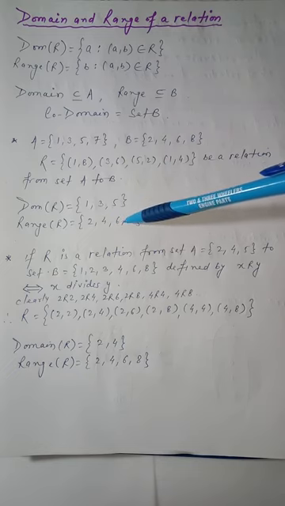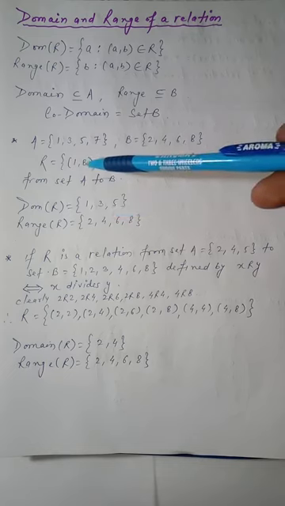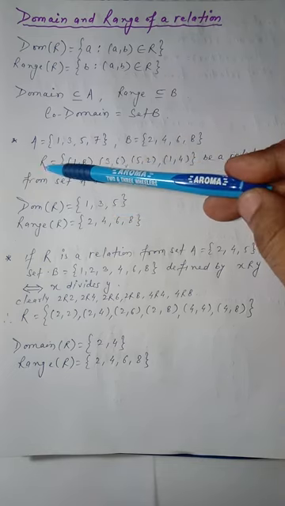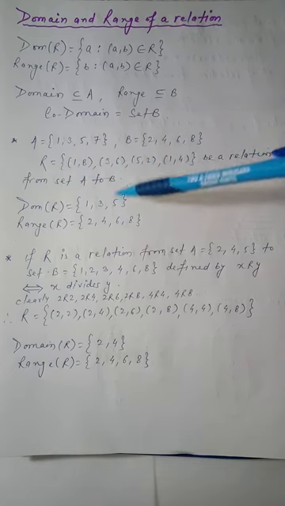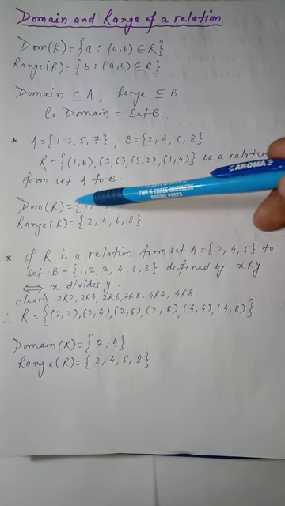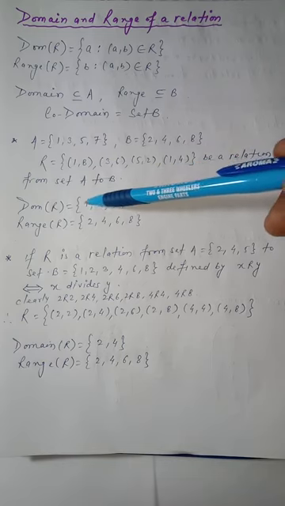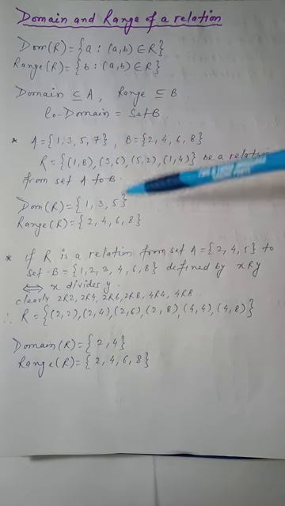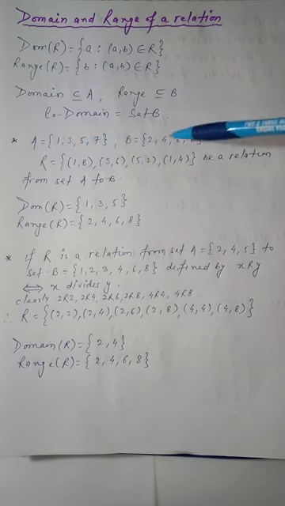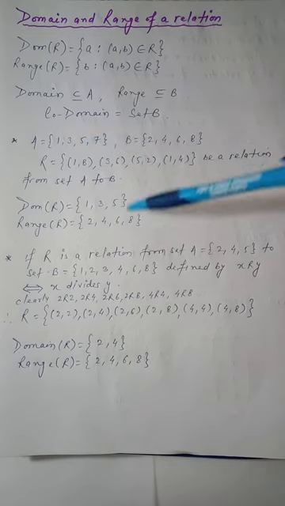So all the second elements of the ordered pairs in R are the range. Domain of R, {1, 3, 5}, is a subset of A, whereas {2, 4, 6, 8} is a subset of B, but in this case both are equal.